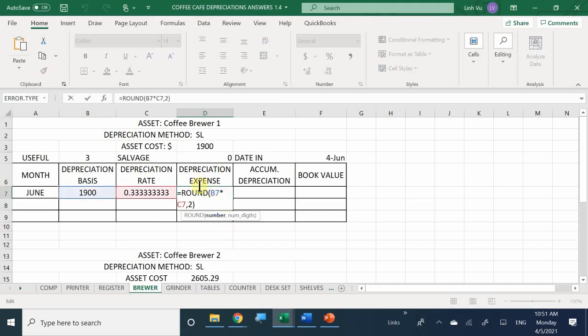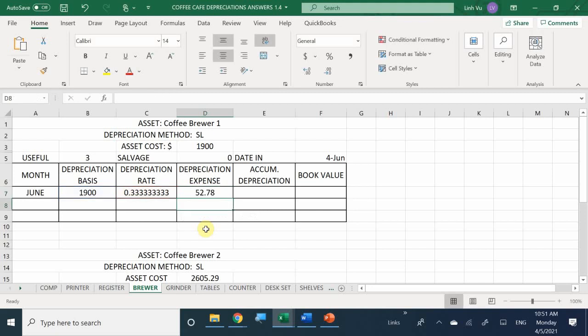In this case, if I edit my little formula here, I could just throw in divide by 12. So what should be my correct amount? 52.78. Okay. You take the 633.33 divided by the 12 months, because if I paid that 3 times, I would have reached my 1,900, my whole entire payment, right? But in this case, I'm only depreciating it for 1 month.